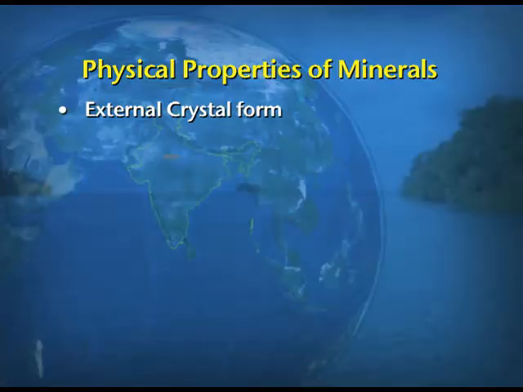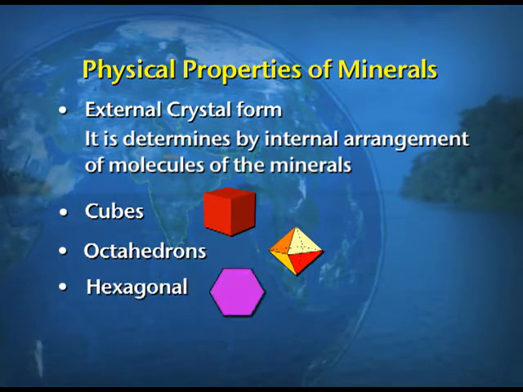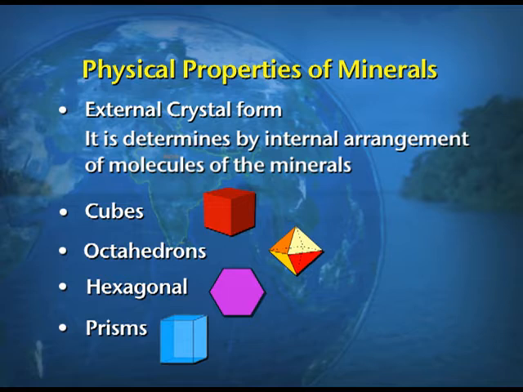That external appearance of the mineral is based on the internal arrangement of the molecules of the minerals. As you must have studied in your mathematics also, the different shapes like cubes, octahedrons, hexagonal and prism, and we have certain minerals which are found in these shapes.